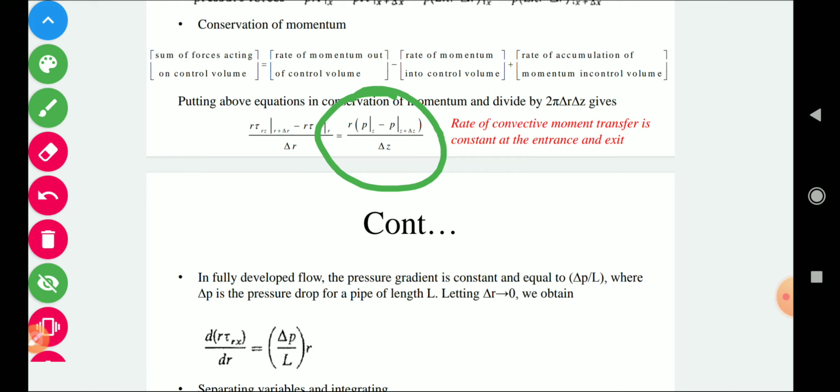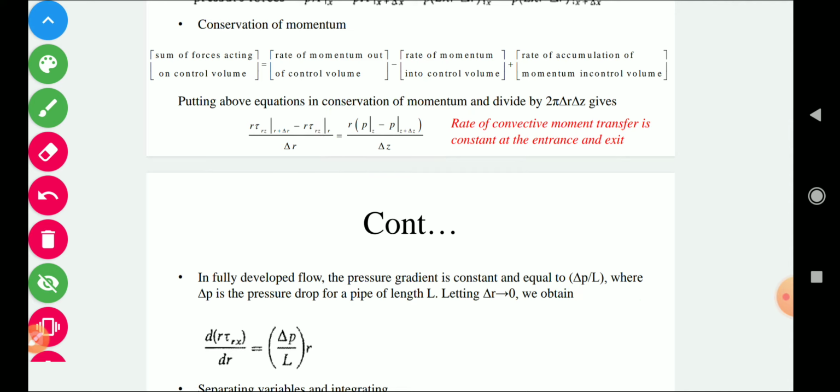So we can take the entire pipe to make our calculation simpler. The pressure difference between the entrance and exit of the pipe will be delta P, and the length of the pipe is L. So instead of dP by dz, we can take delta P by L. Here delta P is the pressure difference between the entrance and exit of the pipe, and L is the length of the pipe.